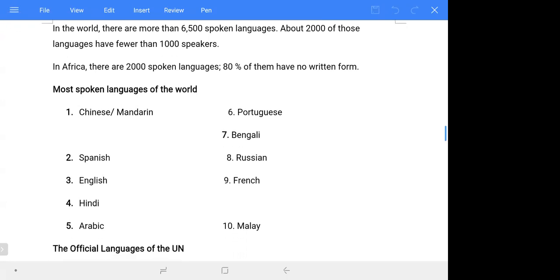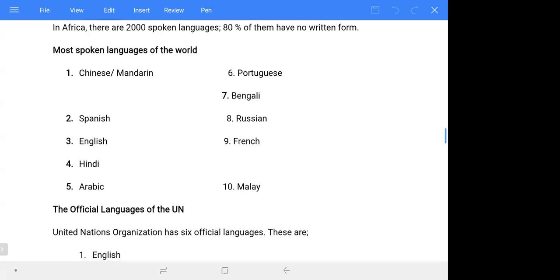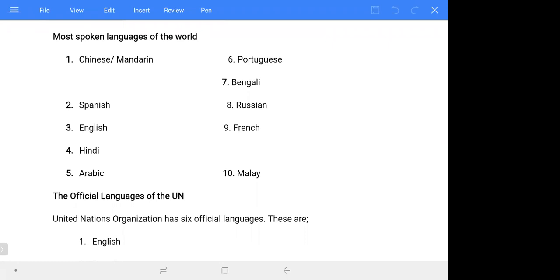In our world, we have most spoken languages. That means the languages with many speakers, yes? Some with native and others as a second and third language. But the list of languages you see here is based on native speakers.